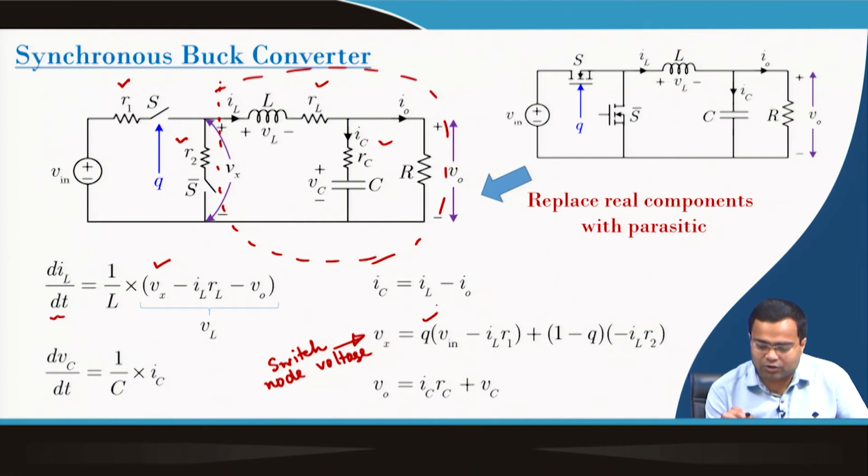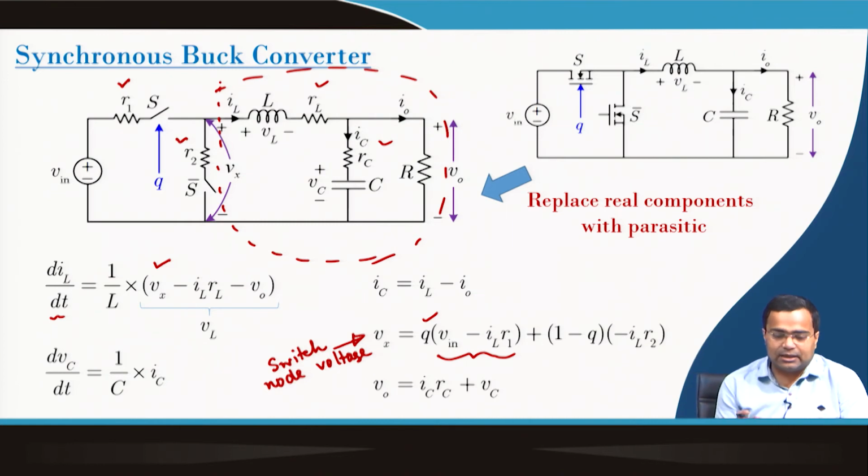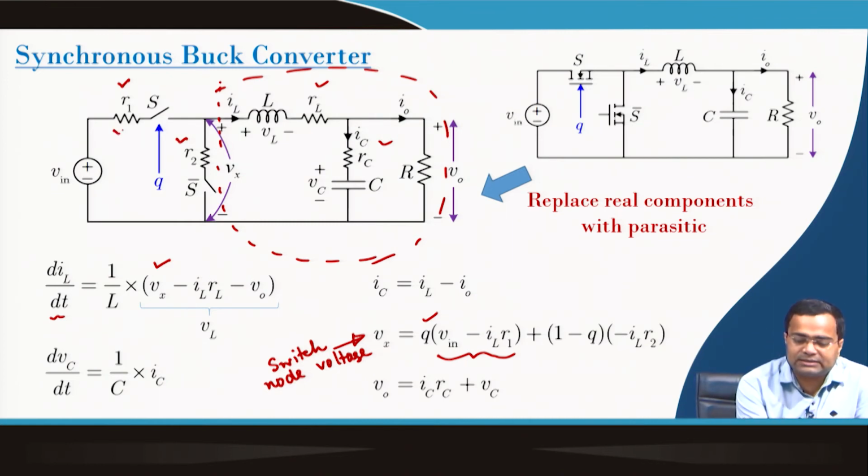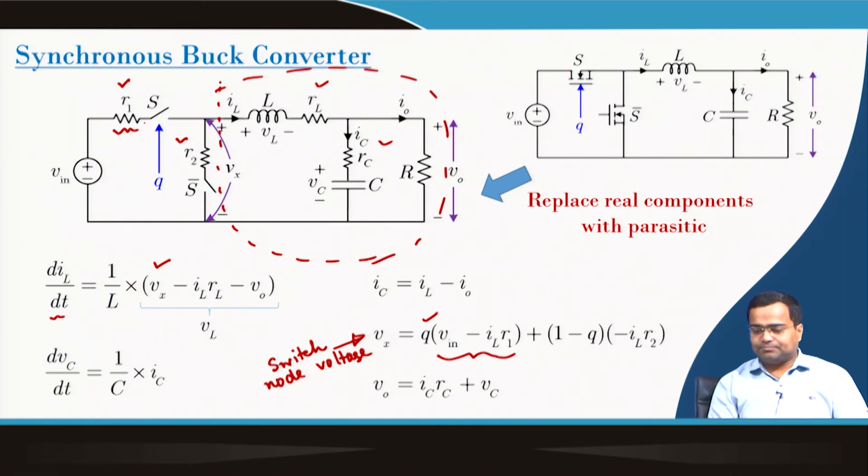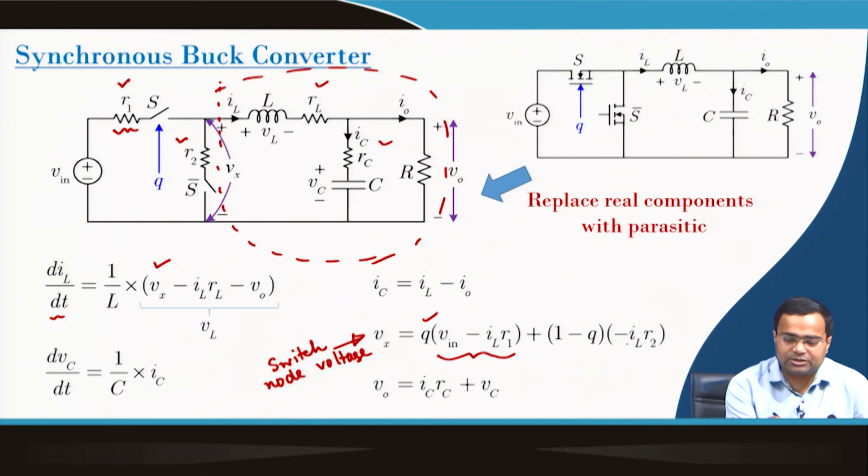When Q is 1, that means the switch is on, it takes Vin minus R1 into IL, because this represents the drop across this resistance. When the switch is off, that means S bar is on, then it takes minus R2 into IL, that means the drop across this part.